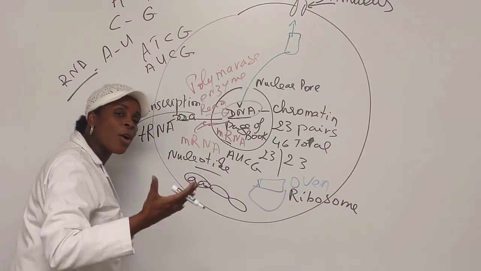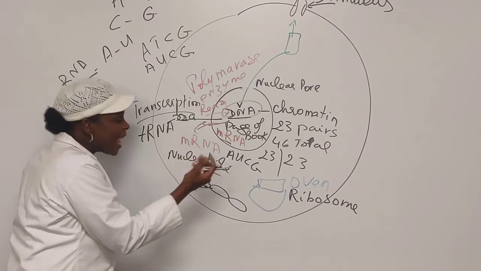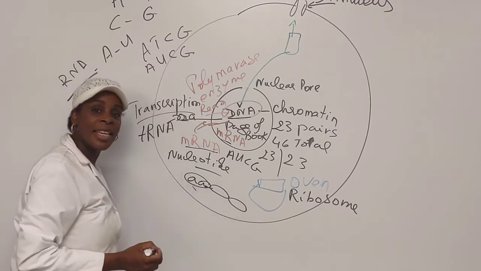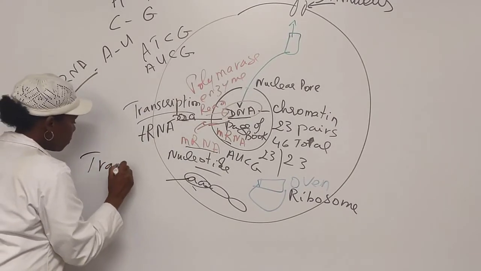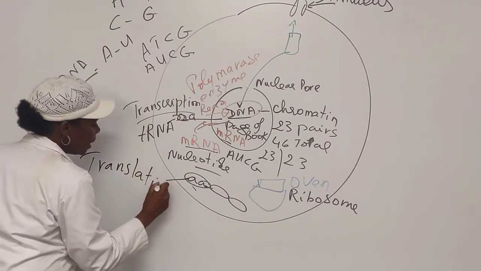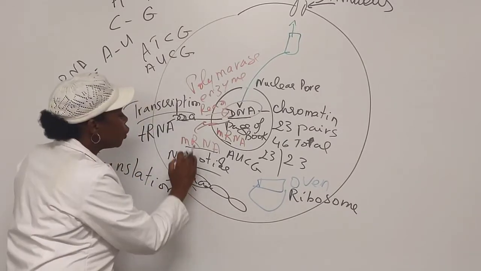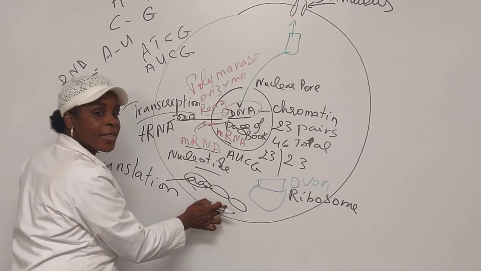The building block of protein. The process of the tRNA taking mRNA to make protein from amino acid is called translation. It means the tRNA is translating the messages from nucleotide to amino acid.